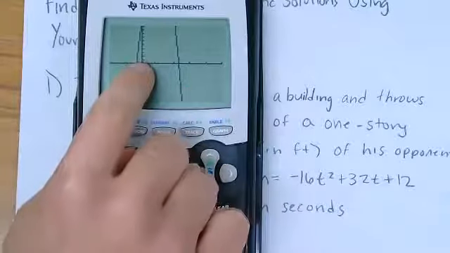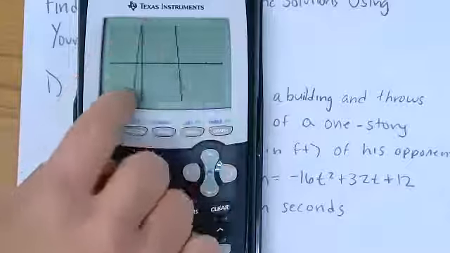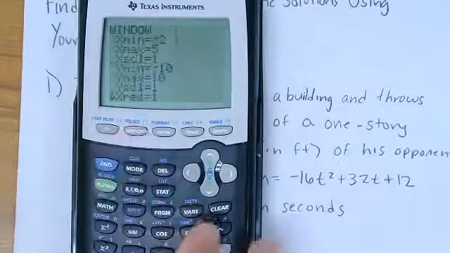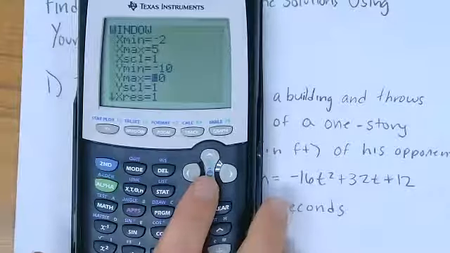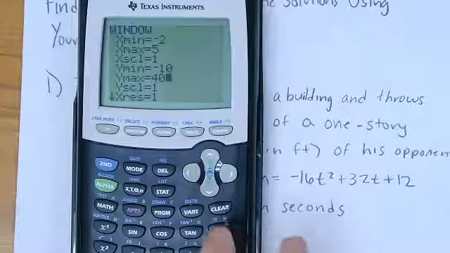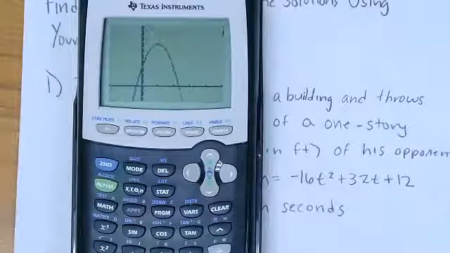Now it looks like our y value doesn't get us high enough to see the top of this parabola. So I'm going to go into my window and let's go ahead and try a y max of, I don't know, let's try 40. Let's try graphing that. Let's see if we can see the top now. Yes, we can.